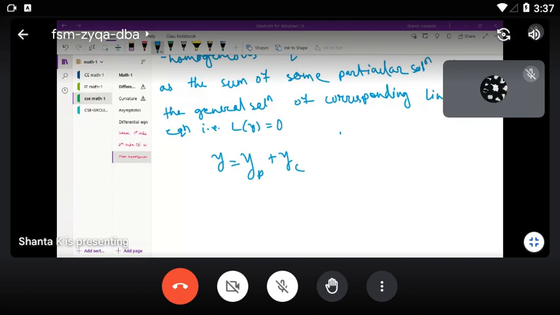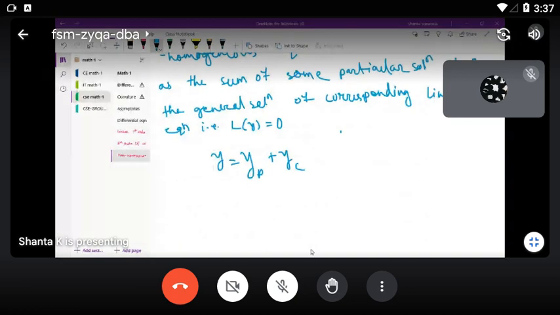So yc is known as the complementary function here. This is the complementary function. And I was talking about the particular integral.